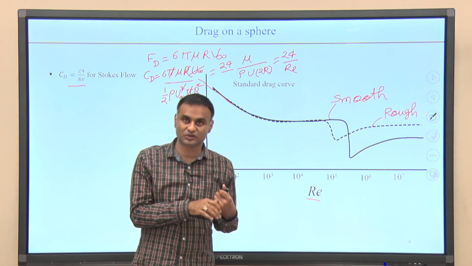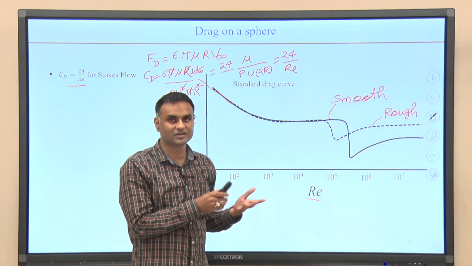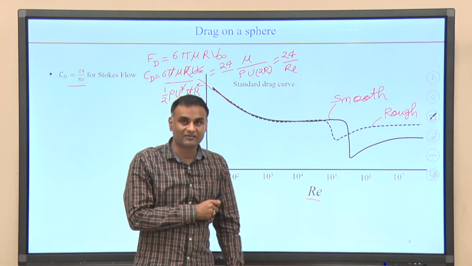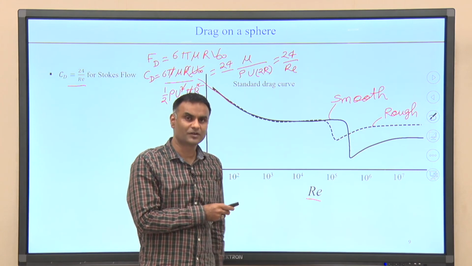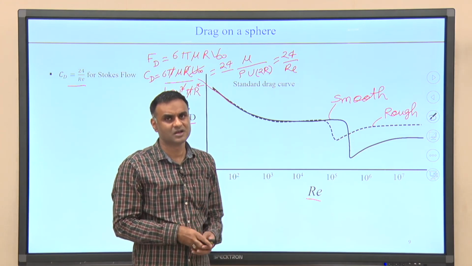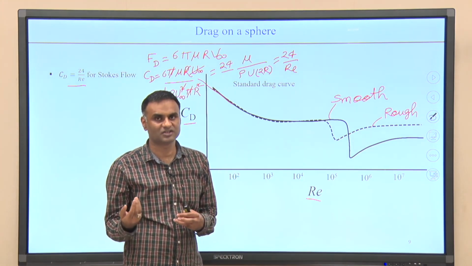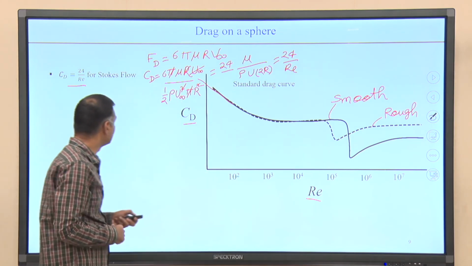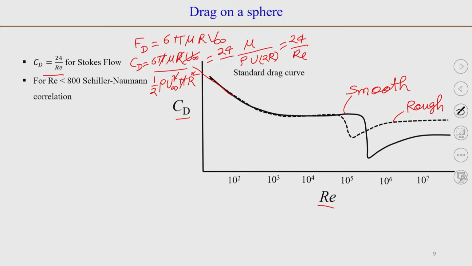There are analytical solutions available, and using V r, V theta and V phi and the pressure relationship, we can actually find F d is equal to 6 pi mu r V, but we are not going to do it because it involves the spherical coordinate system, and that will be quite a bit involved. So, we will not do this in this course, but you can nonetheless look at the solution, for example, in the book Transport Phenomena by Bird, Stewart and Lightfoot.